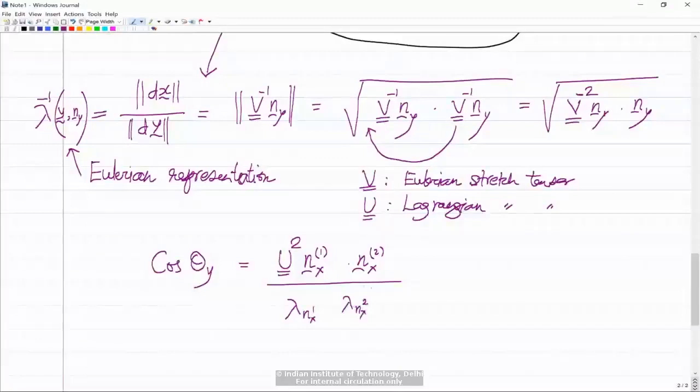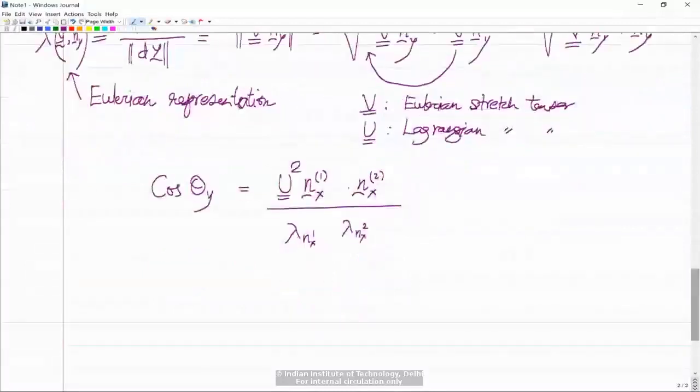So this was, it's of course a Lagrangian formula because the inputs are the orientation of line element in the reference configuration, okay? And what it is giving you is the angle between those line elements in the deformed configuration.